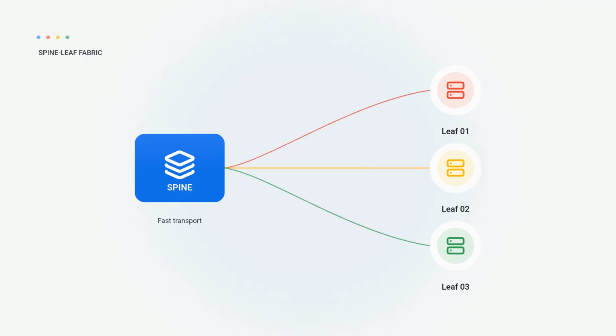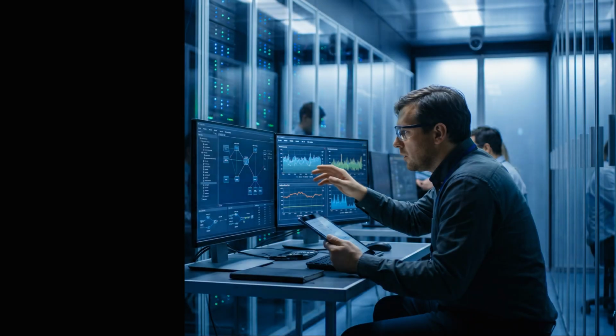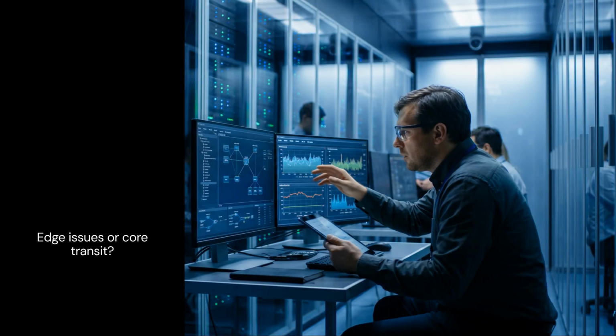You can think of the leaf as the place where the network meets workloads and the spine as the place where the fabric stitches leaves together. That's why spines stay free of direct endpoint attachments. Mixing those responsibilities would break the clean architectural separation the fabric depends on. This separation also simplifies operations.